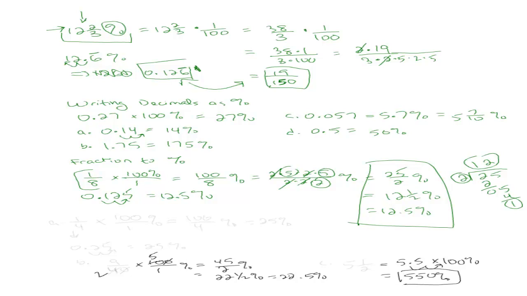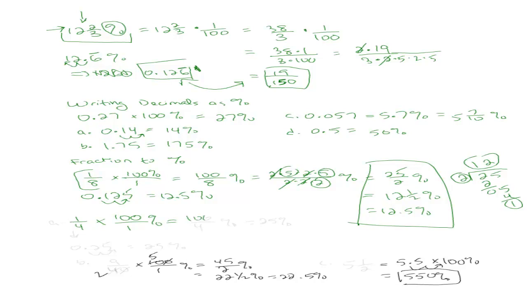Okay, so let's look. Let's say we had a quarter. And let's do it both ways. Let's work with it as a fraction first. If I want to make it a percent, leaving it as a fraction, what do I do? Multiply it by 100.